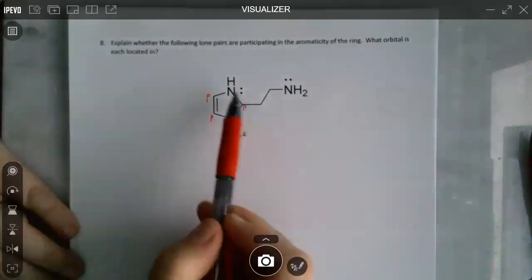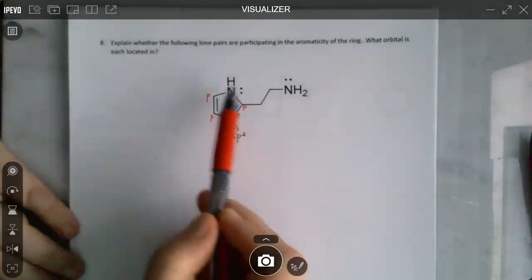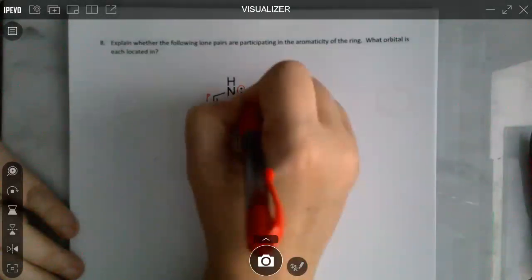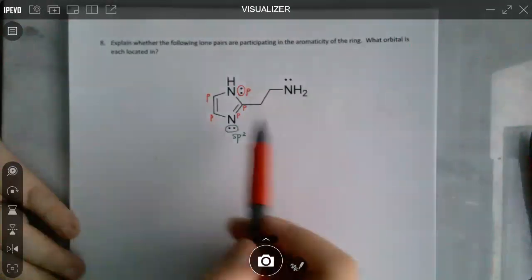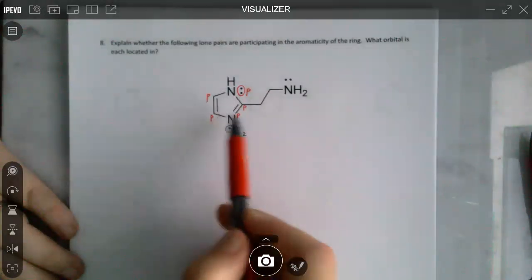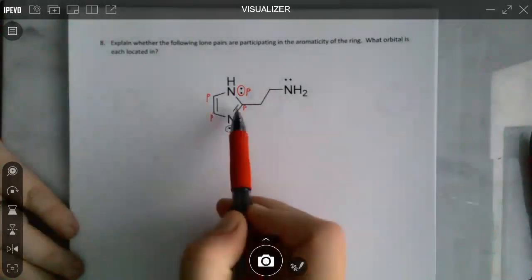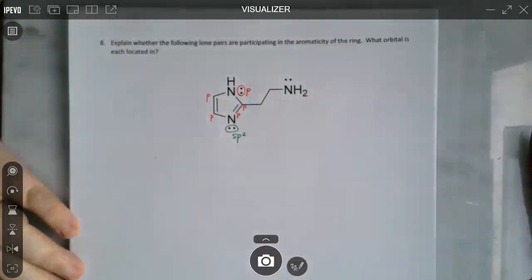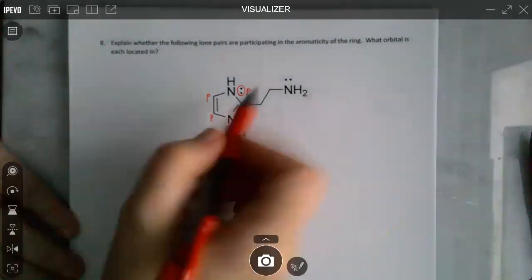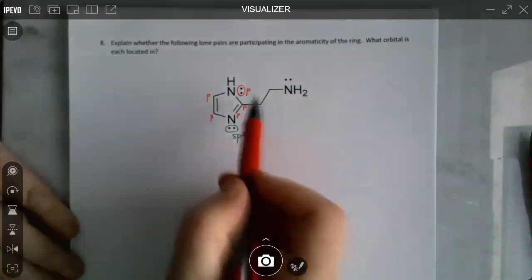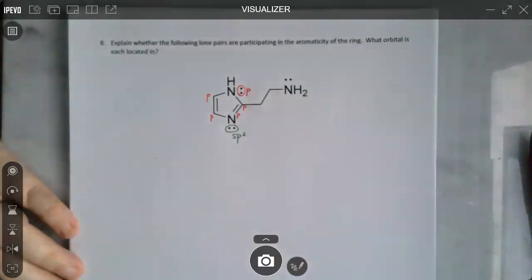This nitrogen does not have a double bond, it only has a lone pair. So if we put this one in a p orbital, then there will be a p orbital all the way around the ring, and there will be 3 electron pairs in those p orbitals because we have this one, that one, and the lone pair, right? So this lone pair is participating in the aromaticity of the ring, and it's located in a p orbital, right?